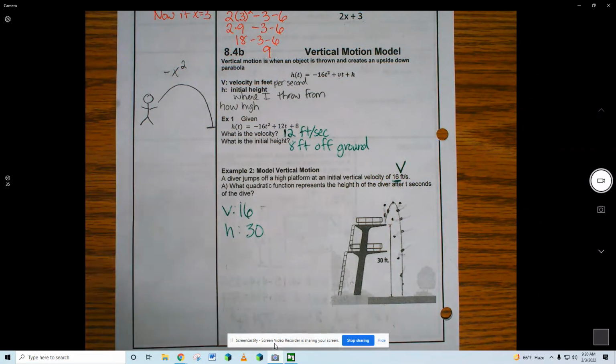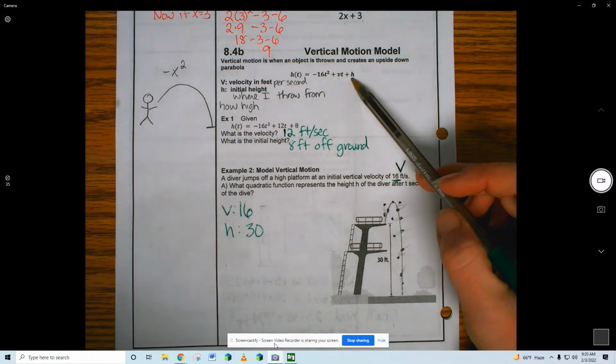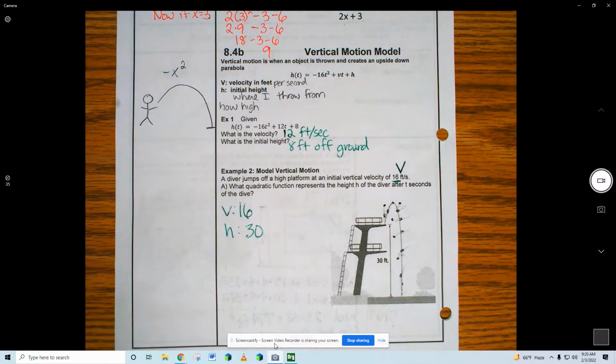Can you please write this formula, but plug in V and plug in H with my new values? Plug in V and plug in H on your own. Start off with negative 16t squared, if you have to, and then plug in 16 and plug in 30. All right.